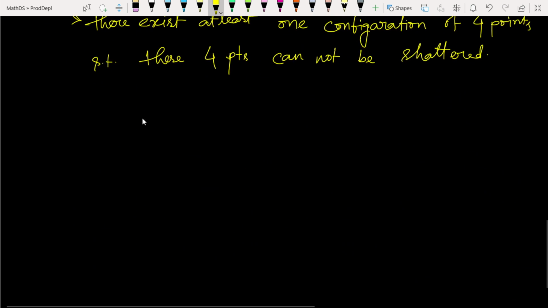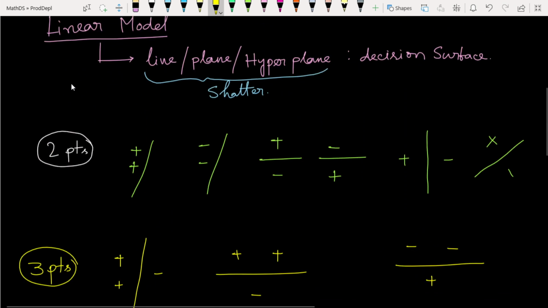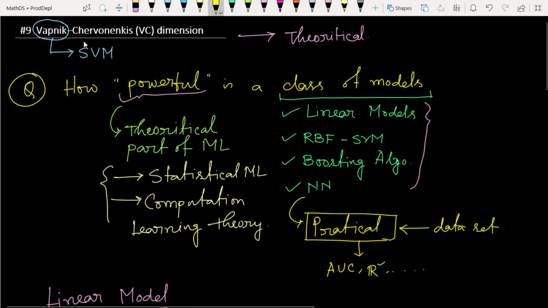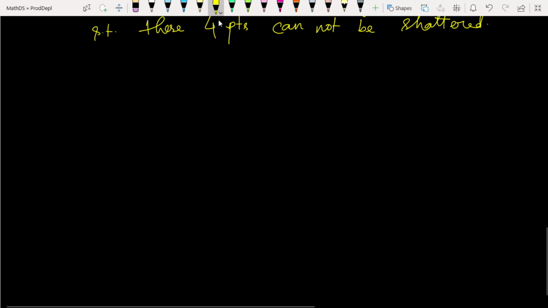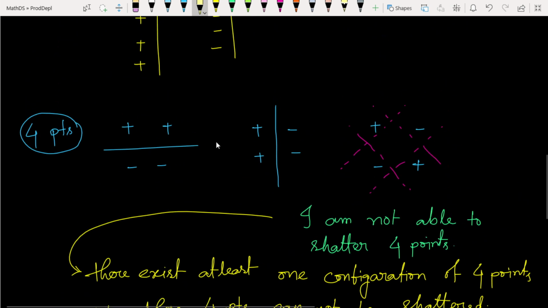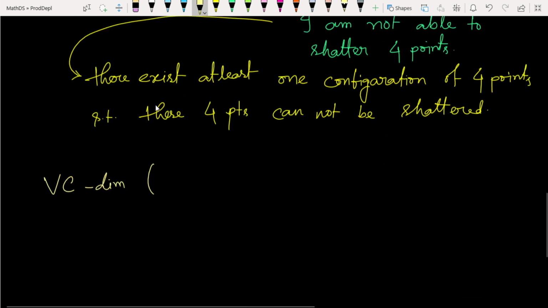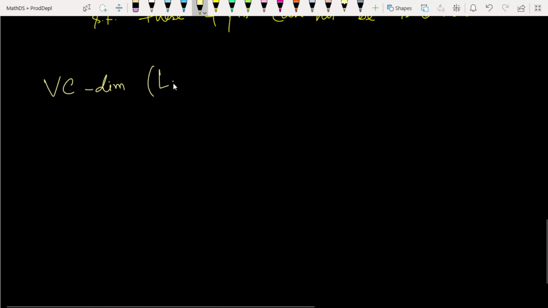Based on this problem, the VC, meaning Vapnik and Chervonenkis, these two mathematicians developed this formula. The VC dimension of a linear model, the model that I have taken here, is 3.